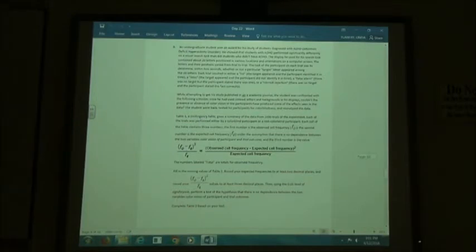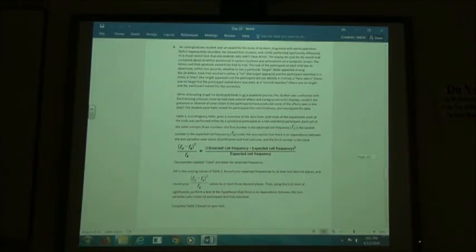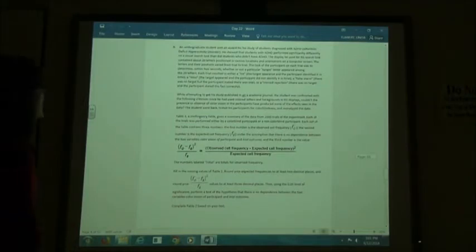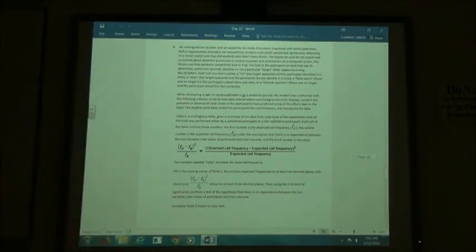Since he had used colored letters and backgrounds in his displays, couldn't the presence or absence of color vision in the participants have produced some of the effects seen in the data? The student went back and tested his participants for color blindness and reanalyzed the data. So again, we're going to have a contingency table. It gives a summary of 2,000 trials of the experiment.